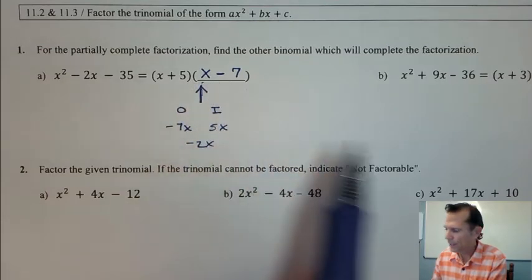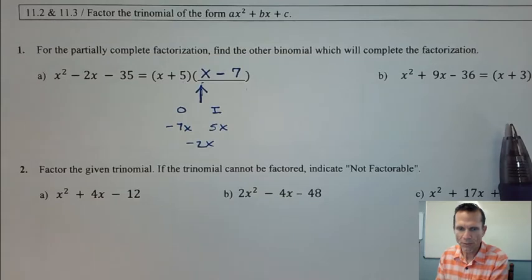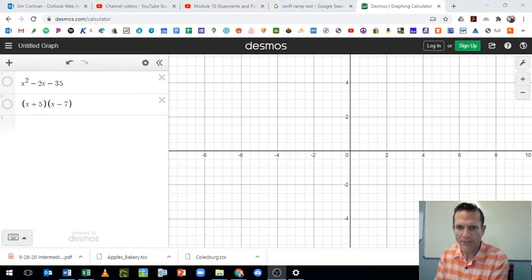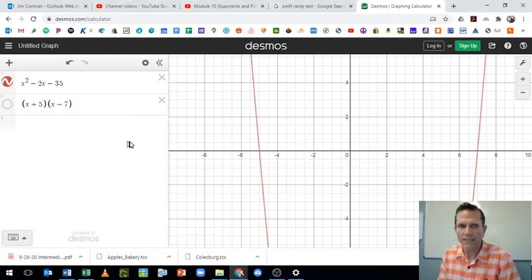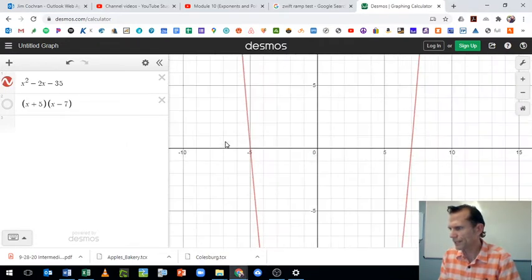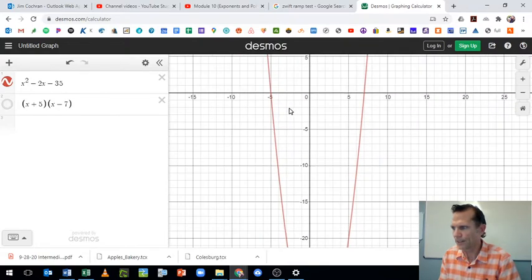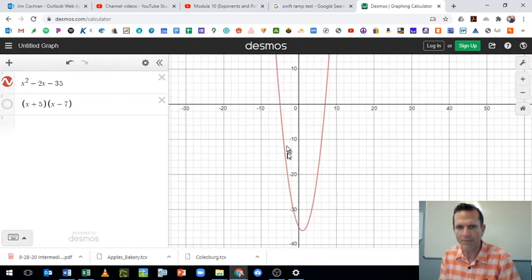Now I just wanted to show you that we can also see this visually with Desmos. If I put in the trinomial and graph it, I already typed it in, I would end up with something like this. I could scroll out and look at it, and it's a parabola. Some of you know the name of that.